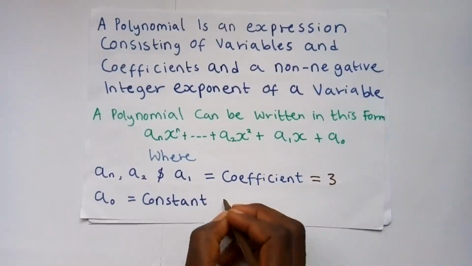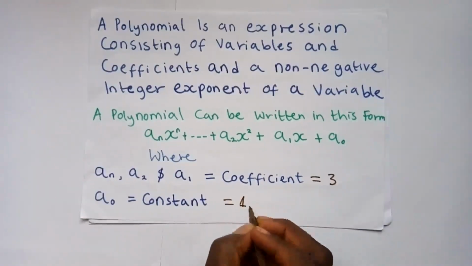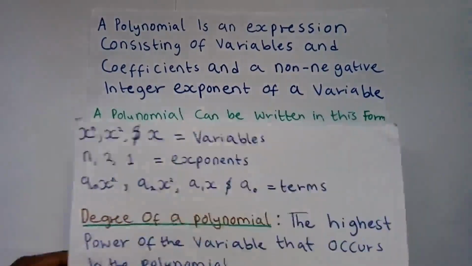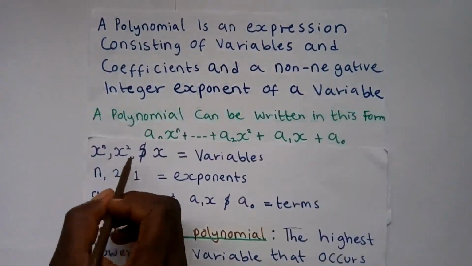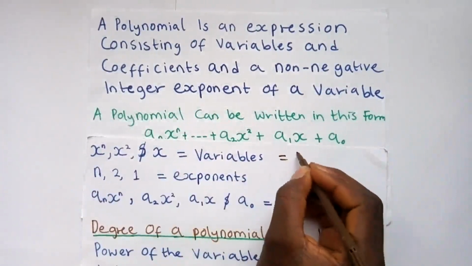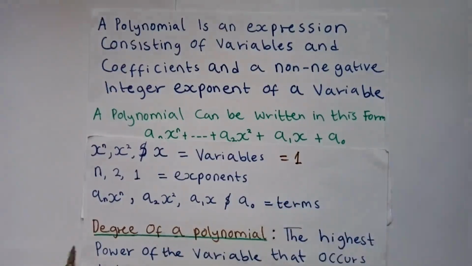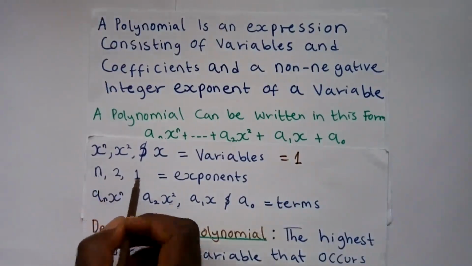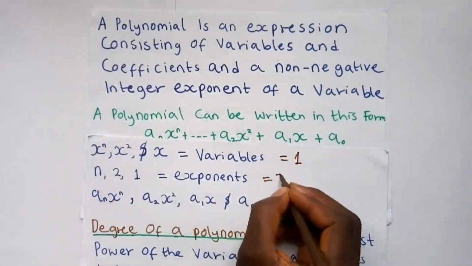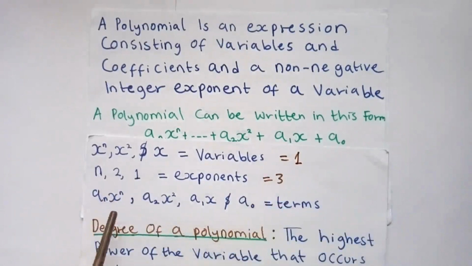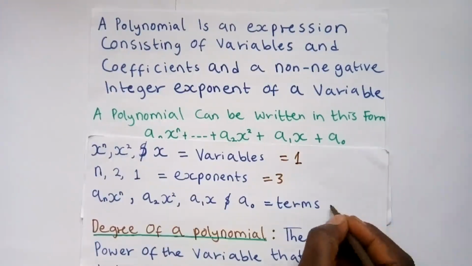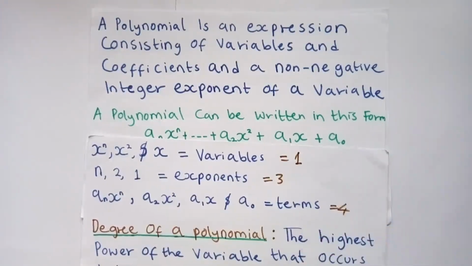How many constants? 1 constant. How many variables? x, x, x. So just 1 variable. How many exponents? 1, 2, 3. So it has 3 exponents. How many terms? 1, 2, 3, 4. It has 4 terms.